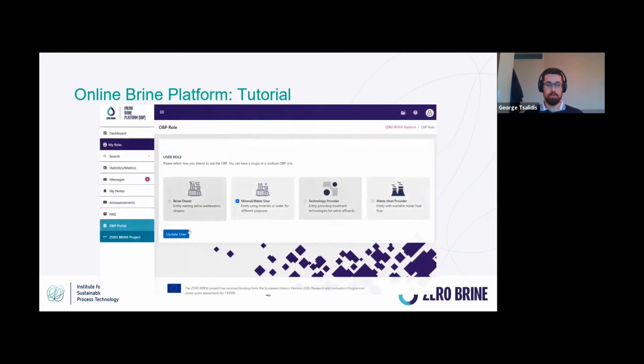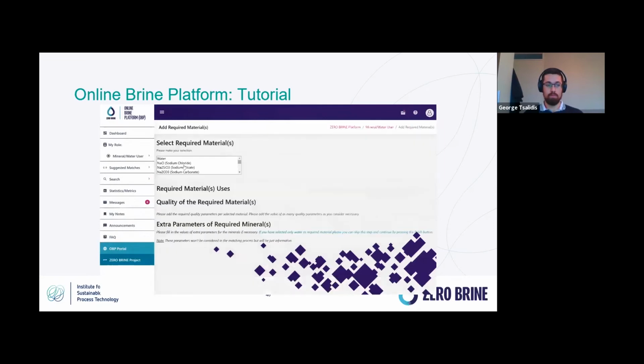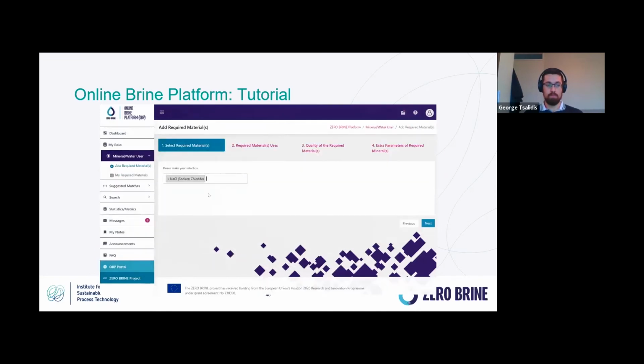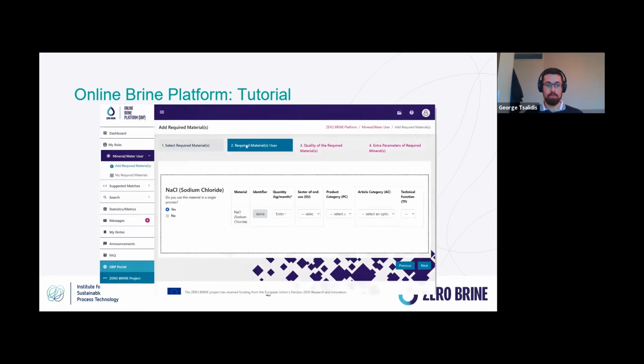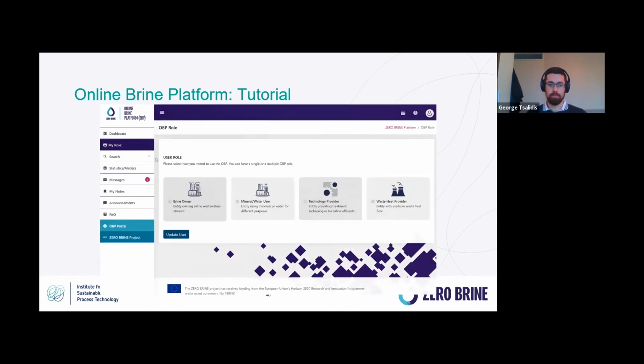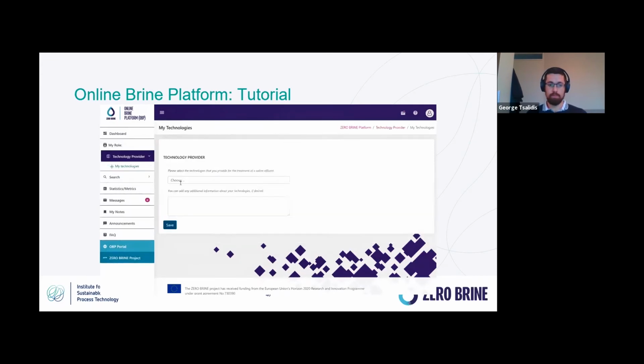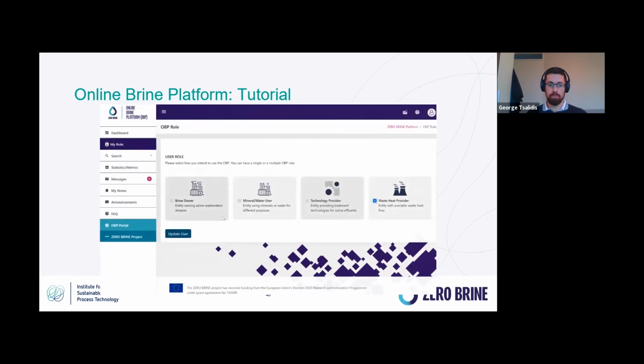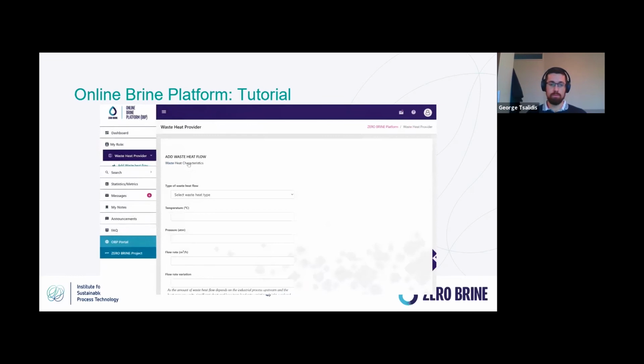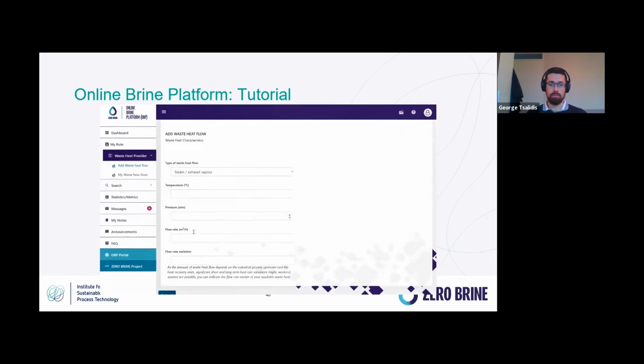As an end user or mineral or water user, you will need to select the required materials, their uses, the quality required, and any additional parameters required for minerals. As a technology provider, select which technology you provide for treatment of saline effluent. As a waste heat provider, select your waste heat type, its temperature, pressure, flow rate, and flow rate variation.